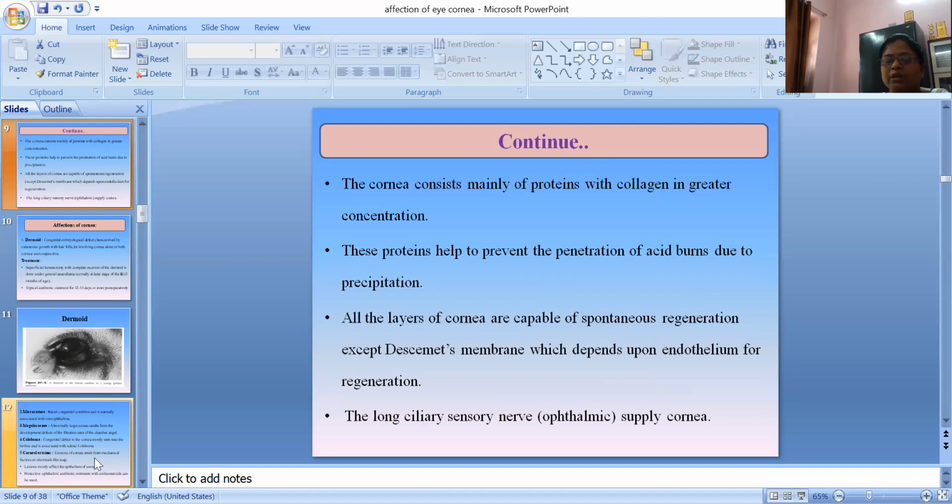All the layers of the cornea are capable of spontaneous regeneration, except Descemet's membrane, which depends upon the endothelium for regeneration. The long ciliary sensory nerve supplies the cornea.